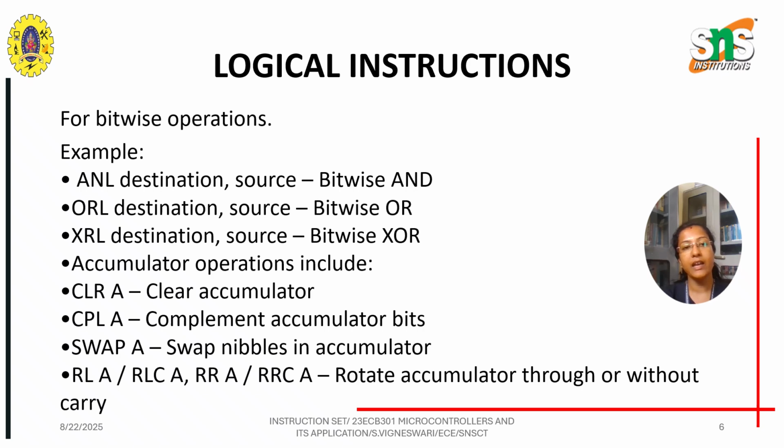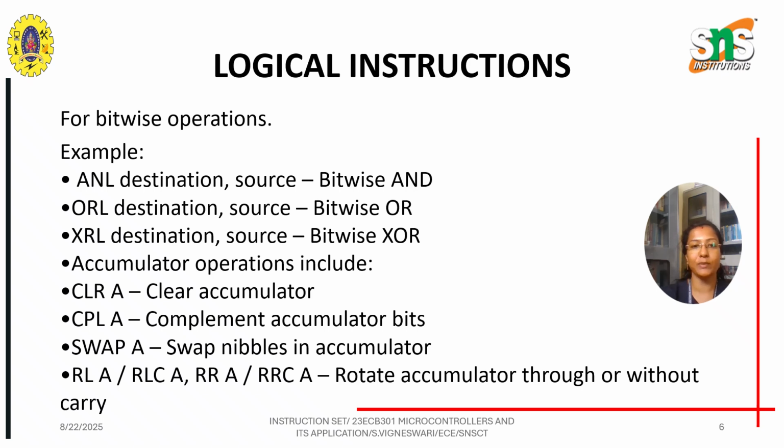Apart from this, there are specific operations related to the accumulator. CLR clears the accumulator content, CPL complements the bits in the accumulator, and SWAP swaps the nibbles. And also we have RL A and RLC A, which indicate rotation left without carry and with carry, and similarly rotation right with and without carry for the accumulator.